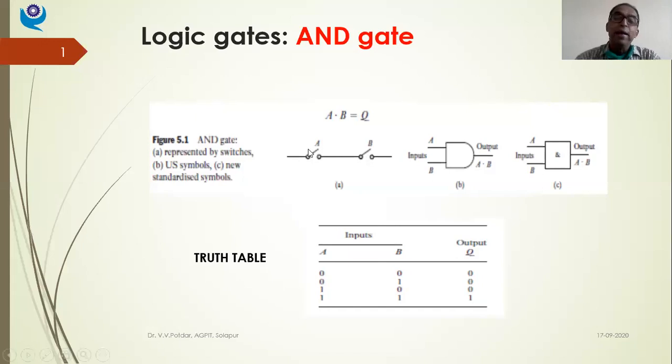So if A is enabled and B is enabled, then Q will be enabled. A is true, B is true, then Q will be true. So the words will change. Basically, it will be in the form of ones and zeros. If A is 1 and B is 1, then I'll have output Q as 1.